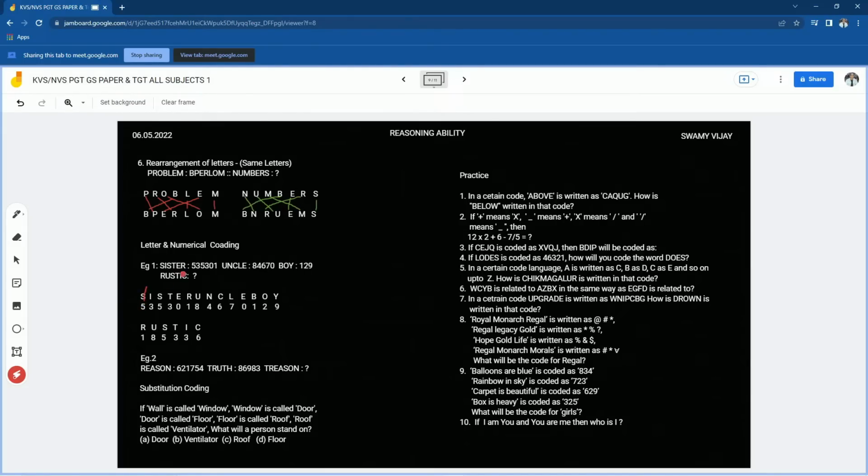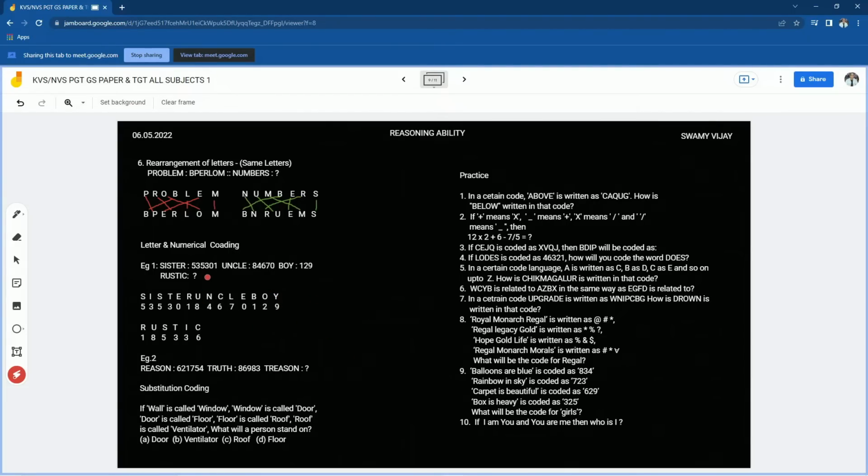So for S it is 5, I is 3, S again 5, T is 3, E is 0, R is 1, U is 8, N is 4, C is 6, L 7, E 0, B 1, O 2, Y 9.